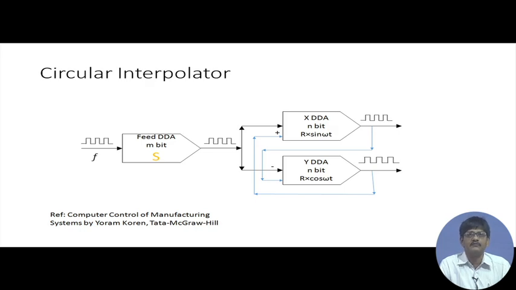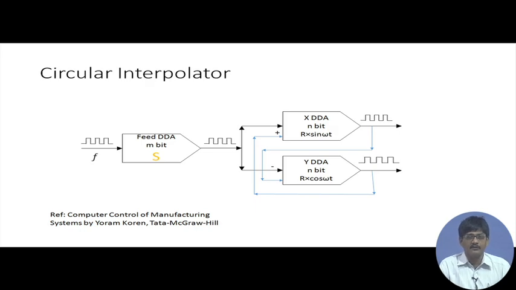In this case, however, we are replacing delta x and delta y by r omega sin omega t, where r is the radius of the arc being cut and omega is the angular velocity. We are doing circular interpolation at constant angular velocity, and therefore r omega sin omega t replaces delta x and r omega cos omega t replaces delta y.